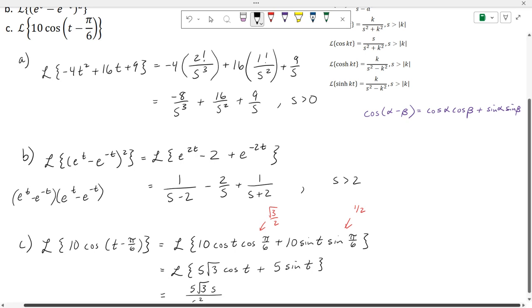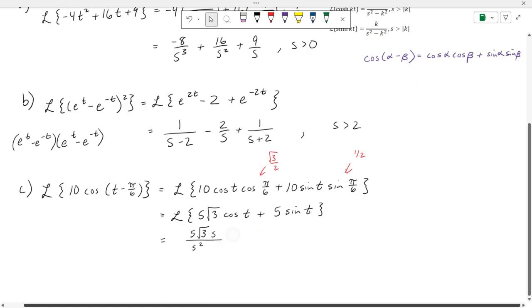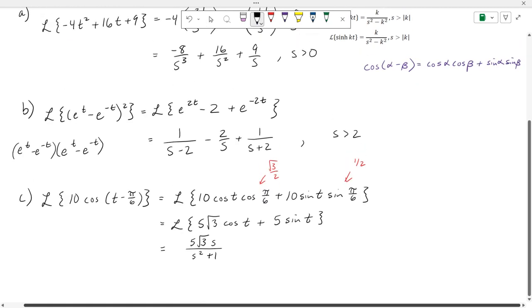I'm running out of room to keep these both on the page. Okay, and the sine has a constant on it, so this is going to be 5 times 1 over s squared plus 1.